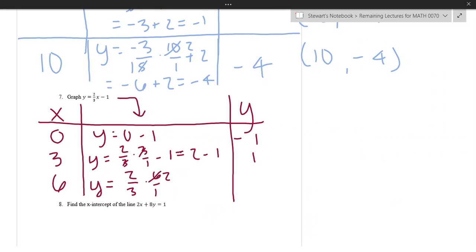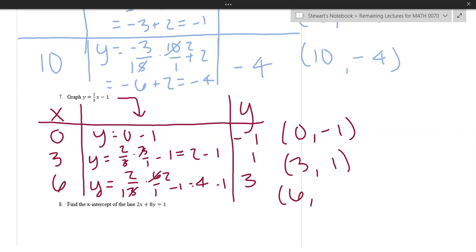This becomes a 2, this becomes a 1 if we cross cancel. Minus 1, so that's 4. Minus 1, so that's 3. So our points now are 0, negative 1, 3, 1, and 6, 3.